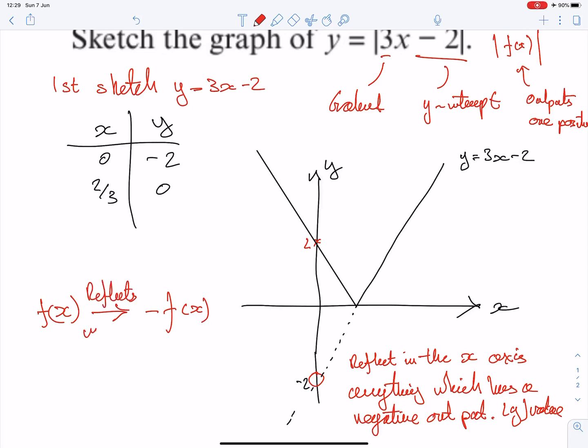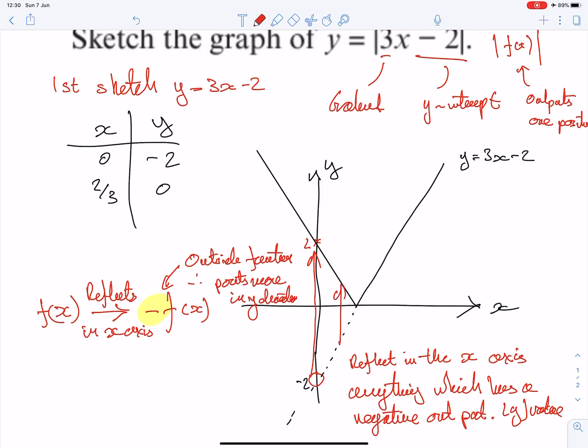The negative sign is outside the function, so the points move in the y direction. So minus 2 moved up to plus 2, etc.